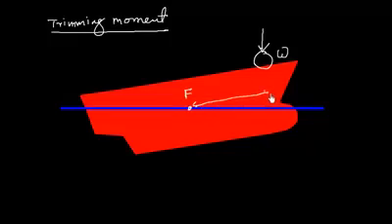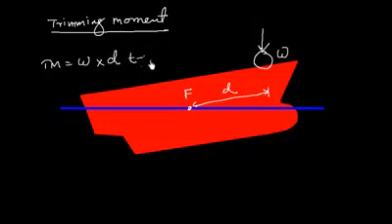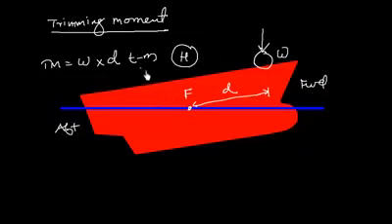Since F is the center of flotation or the pivot point, and the distance of this weight W from the pivot point is D, then the trimming moment is going to be W into D ton meter, where W is the weight loaded and D is the distance of this weight from the center of flotation, and I will say by head. Why? Because this is my forward and this is my aft. So this trimming moment is going to be by head.